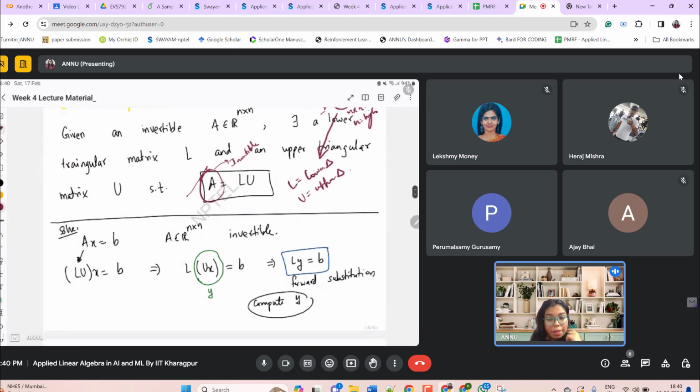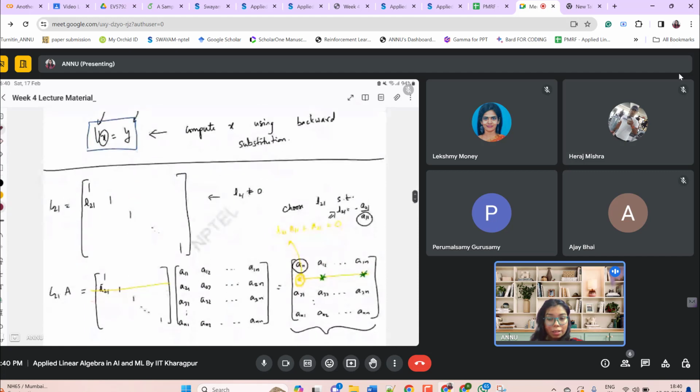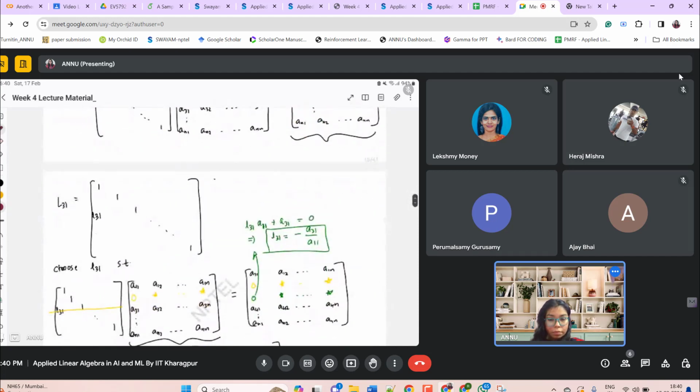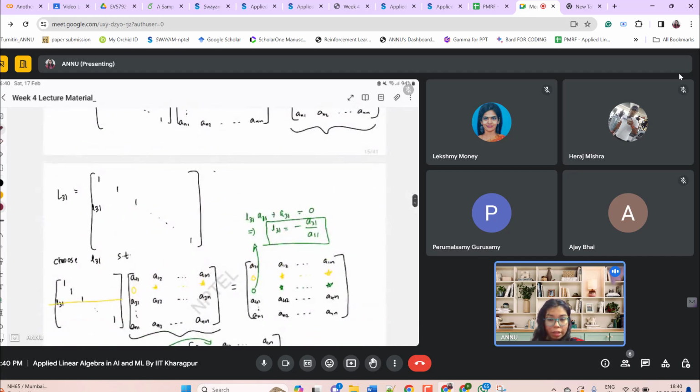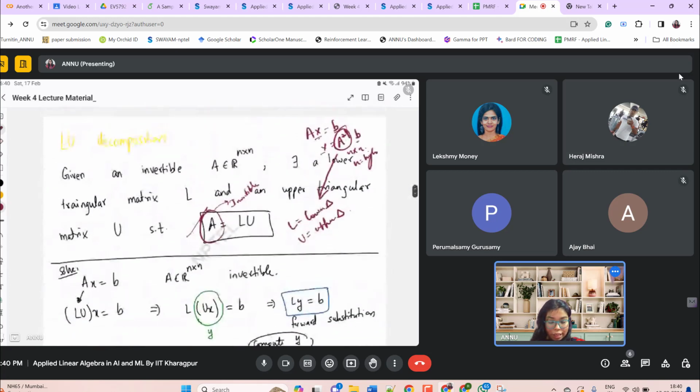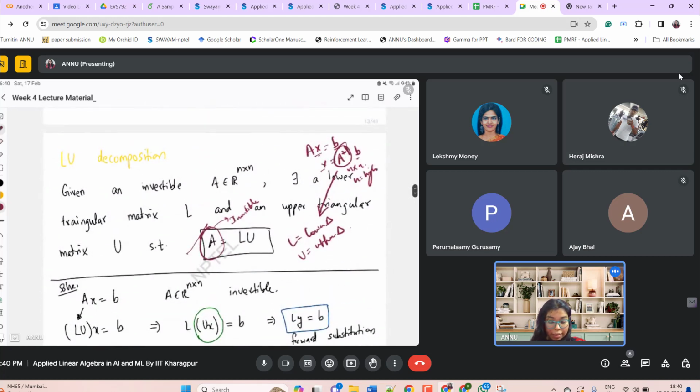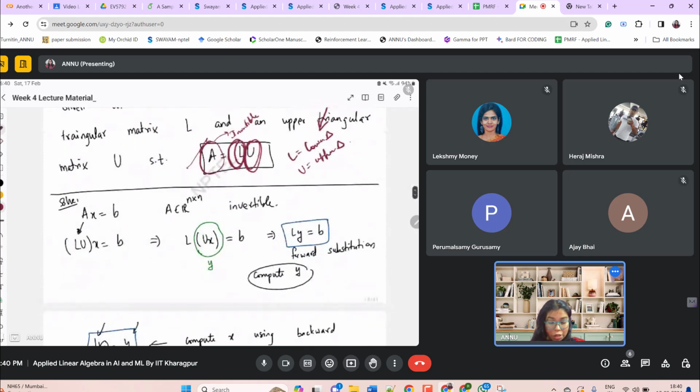This lecture was completely based on it: how we can write it and why we are doing it. I think that should be clear, because L is a simple lower triangular matrix and U is an upper triangular matrix. Let's say Ax equals b. If you write A equals LU, and by the associative property, let Y equal UX, then LY equals b.